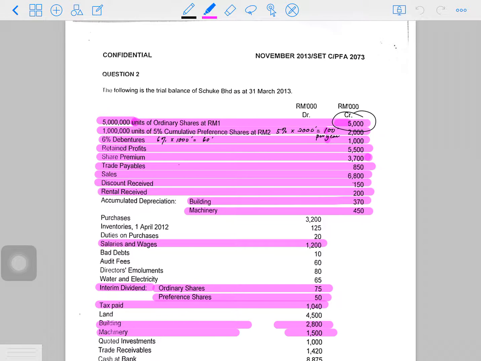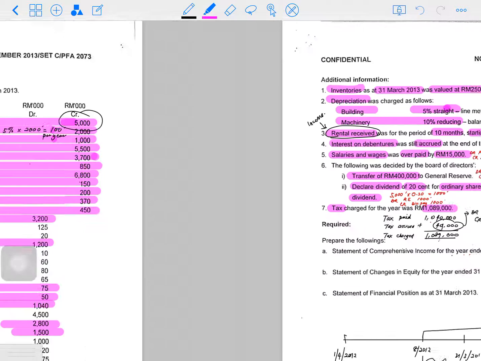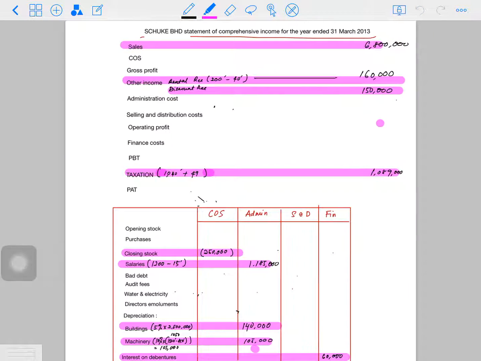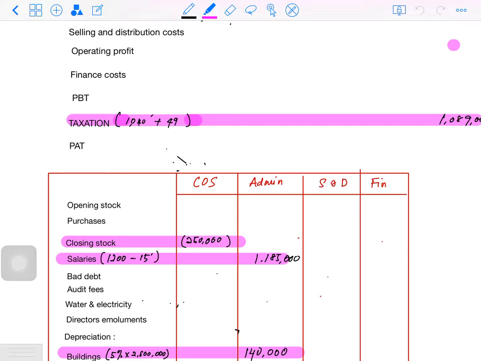And then we have purchases. Purchases is under cost of sales. Okay, so we put it under cost of sales in our categorization of expenses, cost of sales. How much was that? Cost of sales, purchases, 3,200,000. Okay.